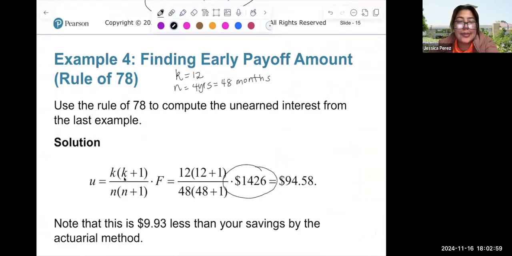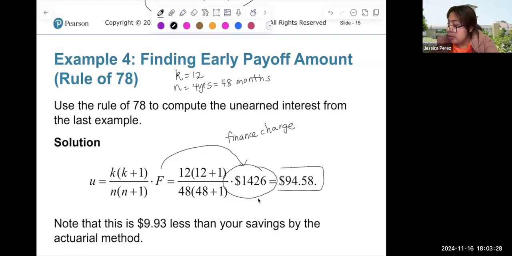Now we have K times K plus 1, so 12 times 12 plus 1, over 48 times 48 plus 1, all times 1426, because this is F, the finance charge provided. So the difference is that for the actuarial method, you use the APR. For the Rule of 78, you don't have to use the APR.